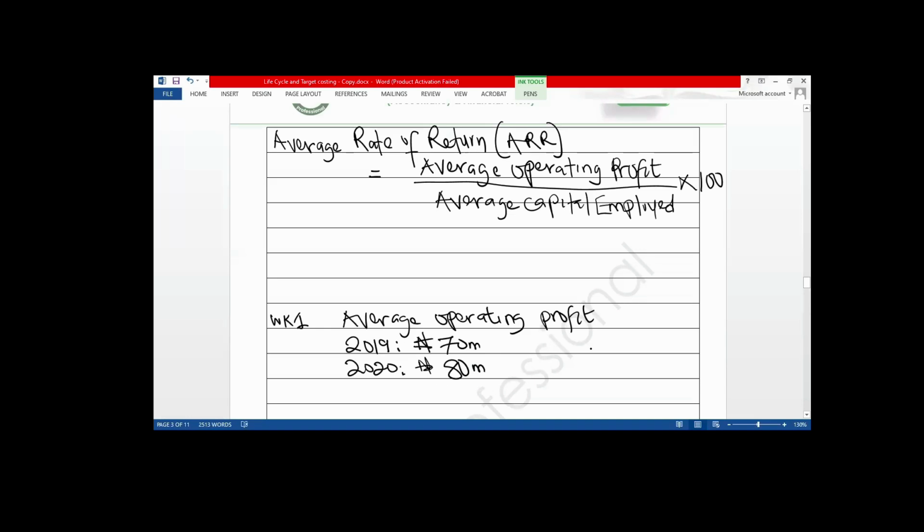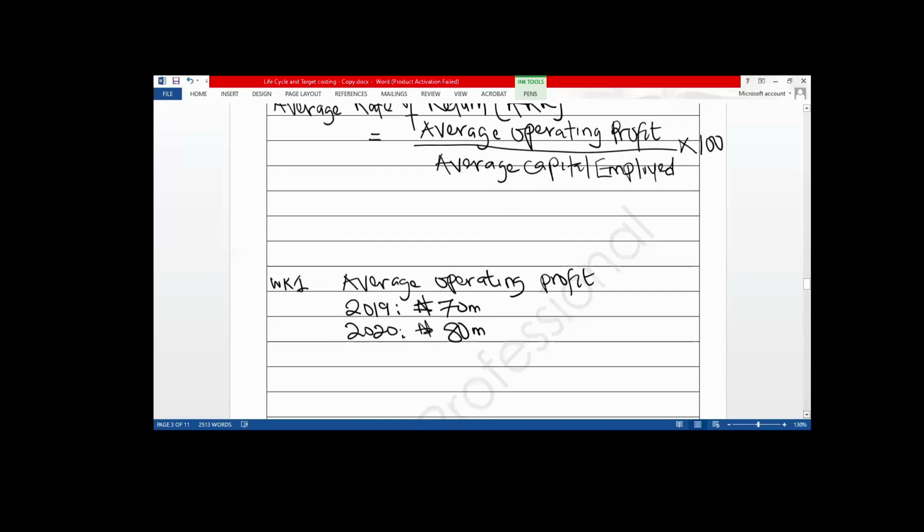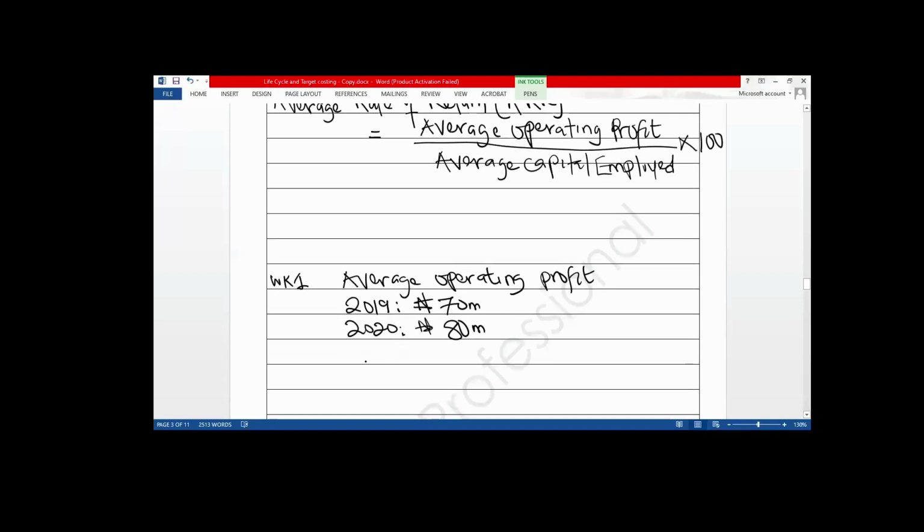Please sum the two together. We now need to look for the average. Our average operating profit is equal to 70 million in 2019 plus 80 million in 2020.